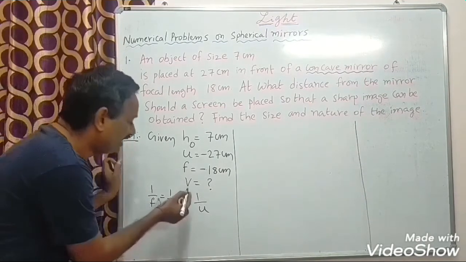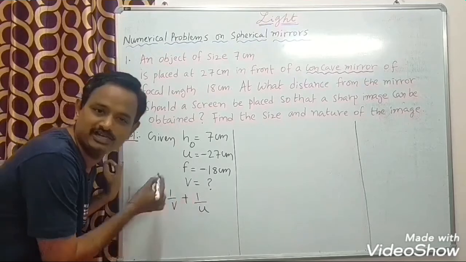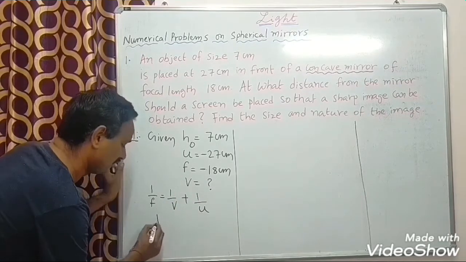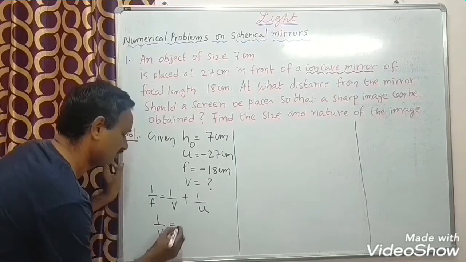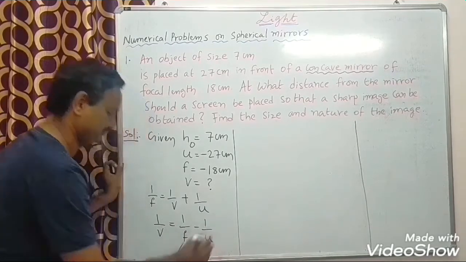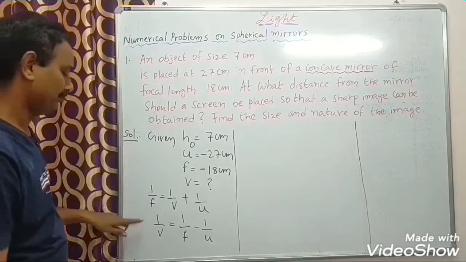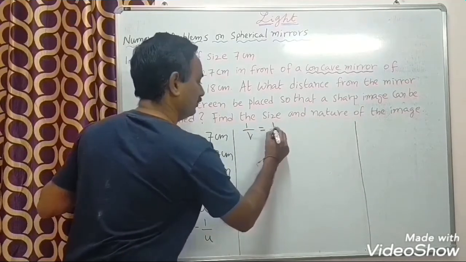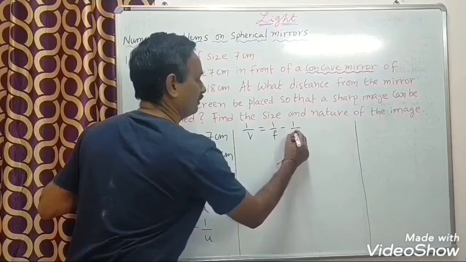We need to find v, so I will make v the subject. From that, what will I get? 1 by v equal to 1 by f minus 1 by u. See what I got: 1 by v equal to 1 by f minus 1 by u.